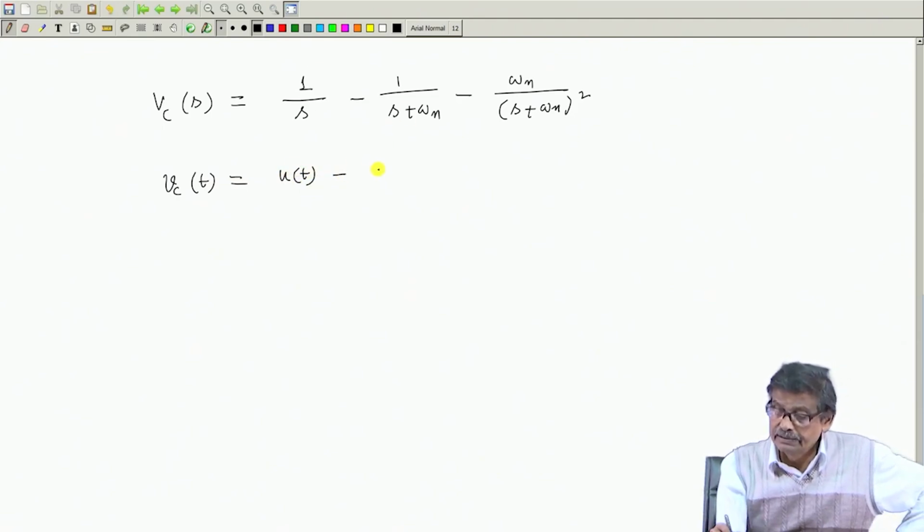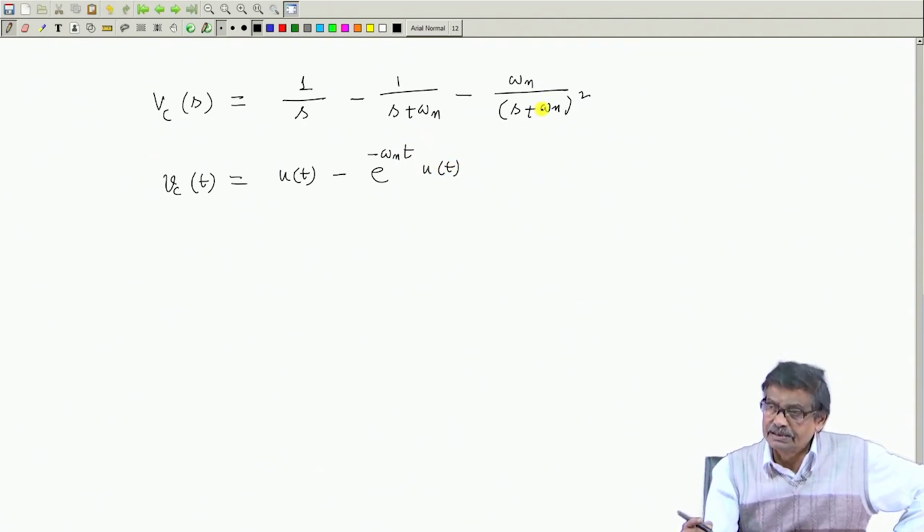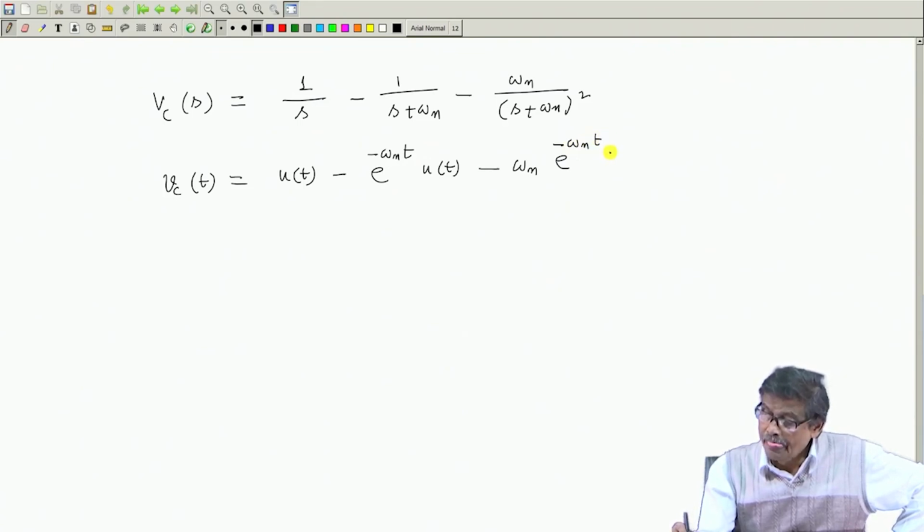This will be minus e to the power minus omega n t u of t, and this one by s square means t into u of t, but with s plus omega n, so it should be multiplied by omega n, and then e to the power minus omega n t into t into u of t. This will be the thing.